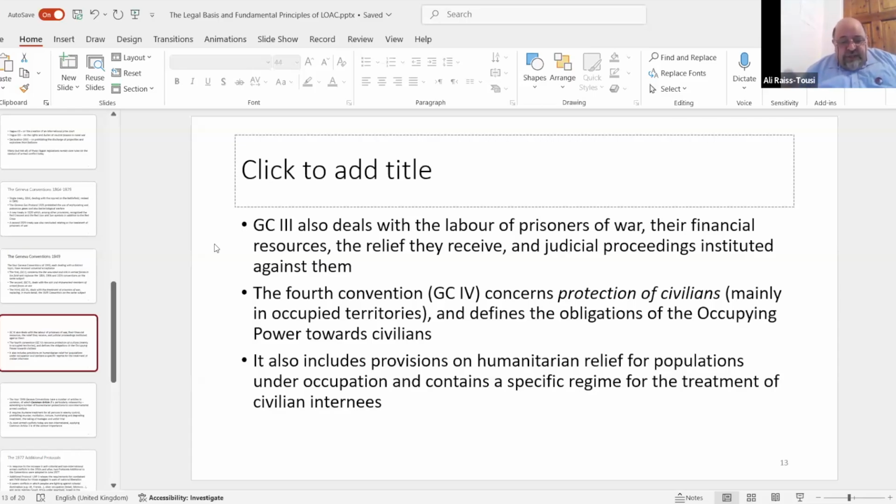Geneva Convention 3 says, for example, all POWs have a right to humane treatment. There can be no physical mutilation. They cannot be used as guinea pigs for medical experiments or scientific experiments. Their organs cannot be removed for transplantation.